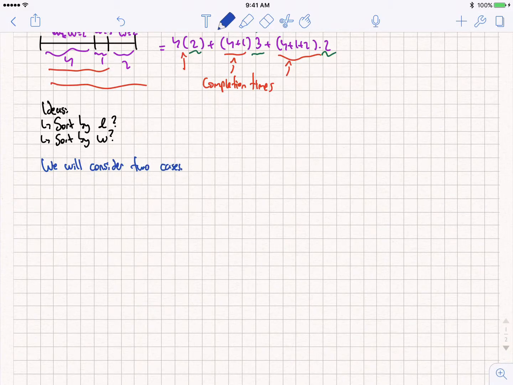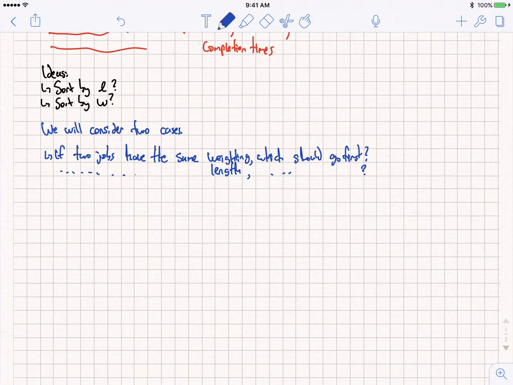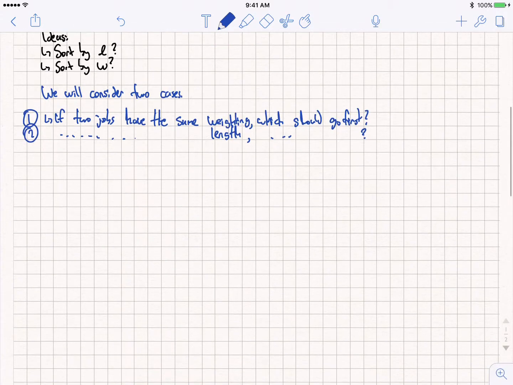Given all else equal, if two jobs have the same weighting, which should go first? And likewise, if two jobs have the same length, which job should go first? So we have our case 1 and case 2.